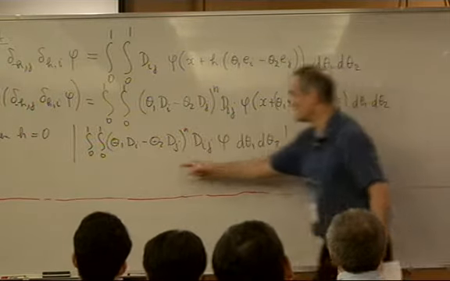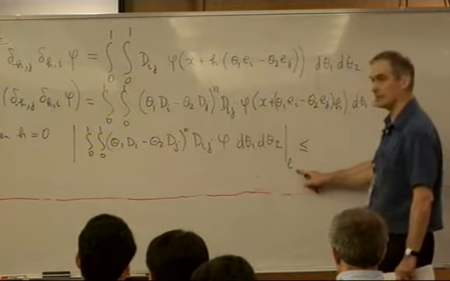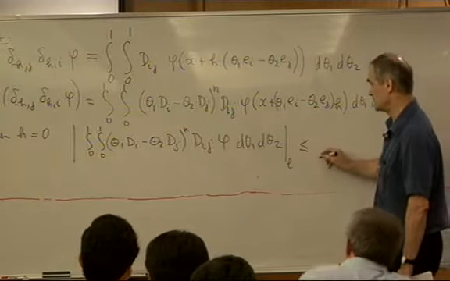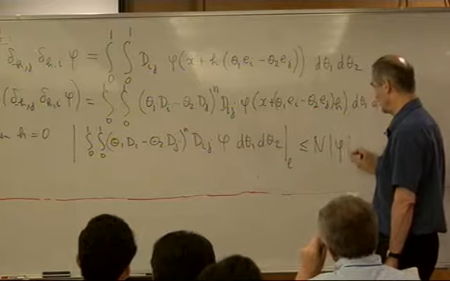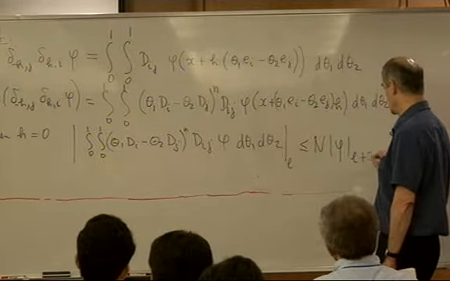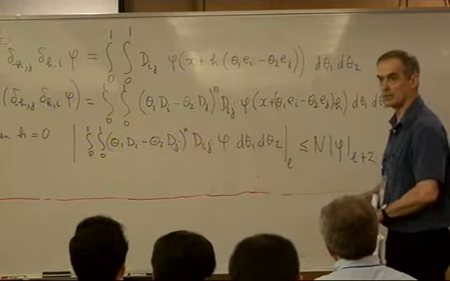So then it is an easy exercise to see that the L norm of this is less than or equal to n times the phi L plus 2 norm.